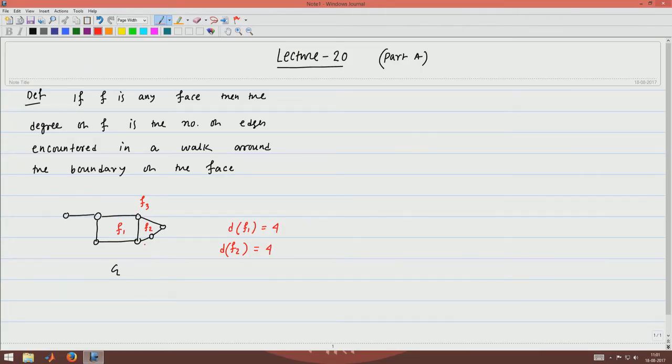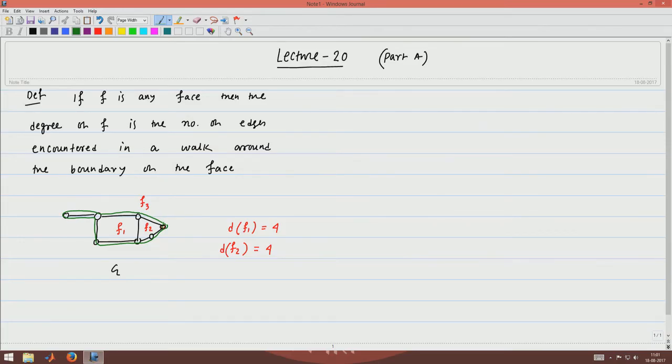Now, what is the degree of F3? If you start from this vertex, for example, and consider this walk, you visit this edge and again come back to this vertex and come back to the starting point here.